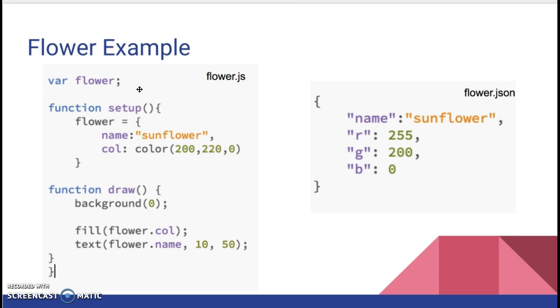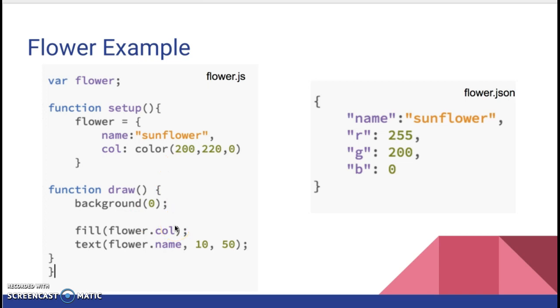So this right here is, in JavaScript, an example of one of those flowers. We're creating this flower object here, and we're calling it a sunflower. That's the name, and then here's the color and how we want to describe it. And then we just create this function to actually have it draw the flower so that we can see it.